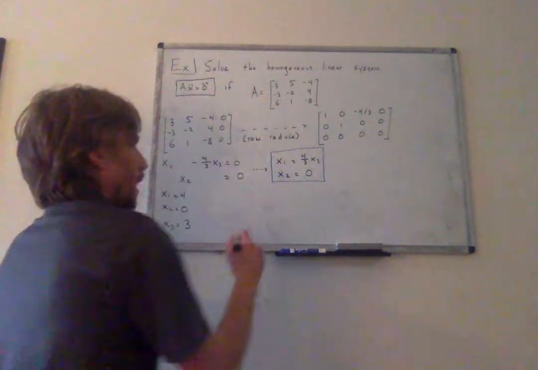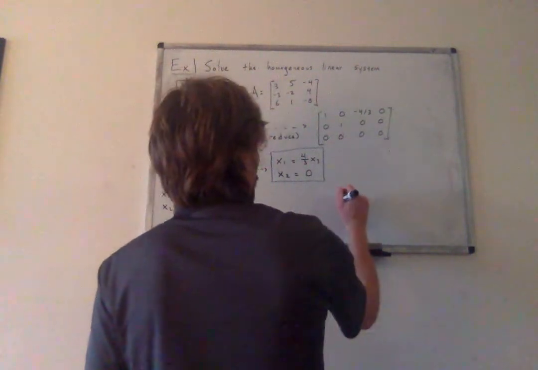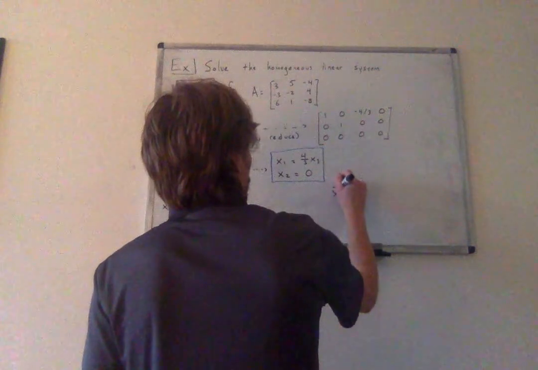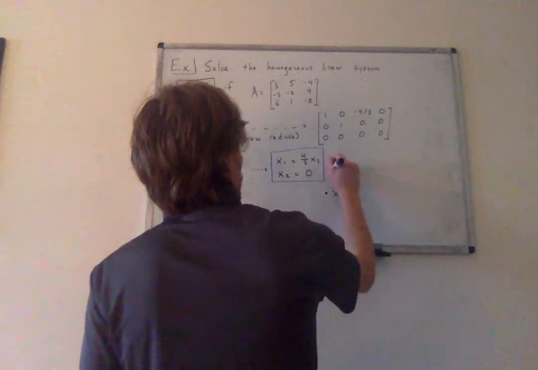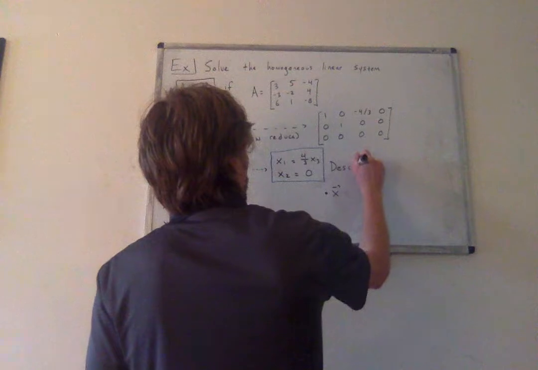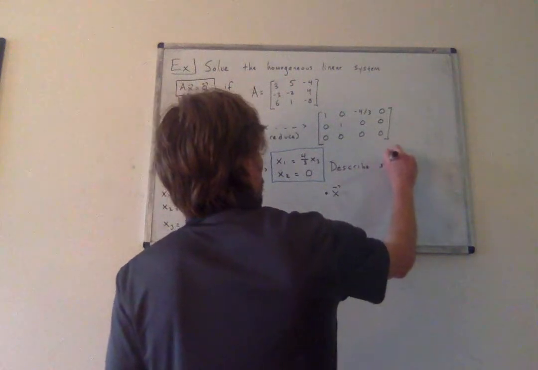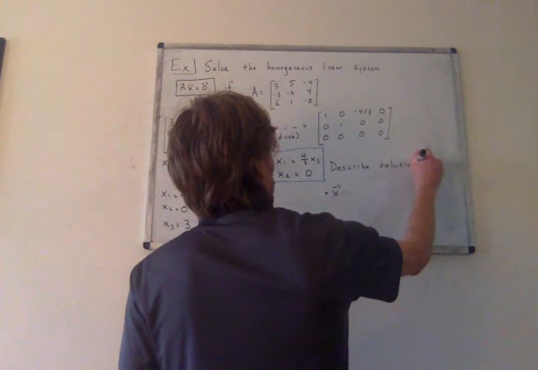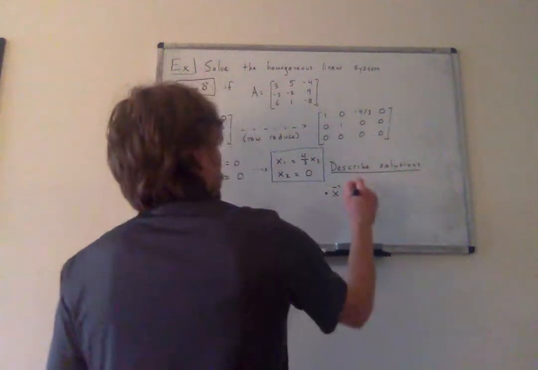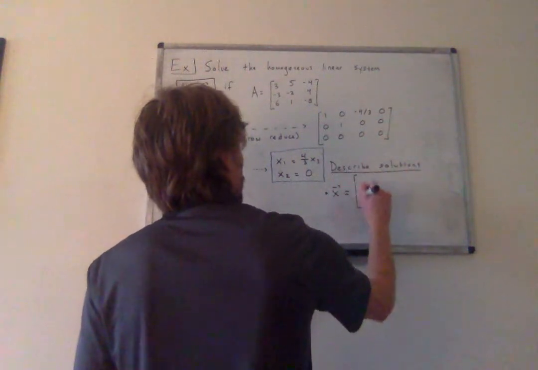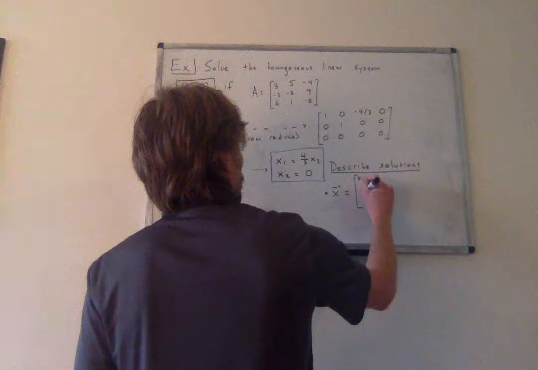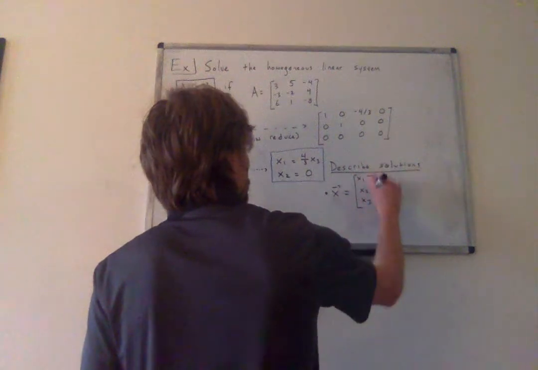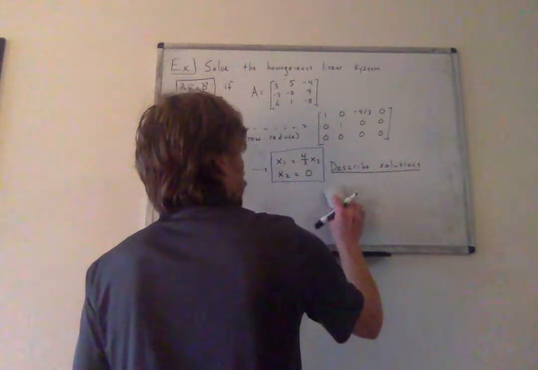So I know that every solution to my linear system, so we'll say describe solutions, any solution to my linear system, well, I think I'm going to need a little more room here.